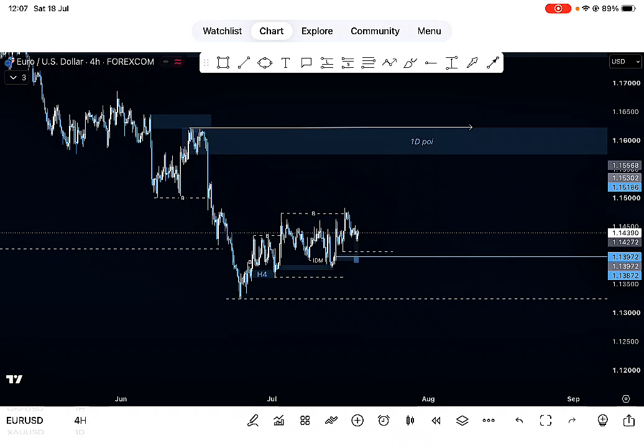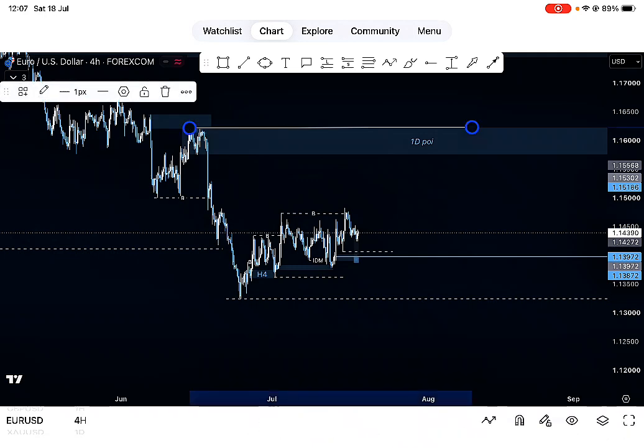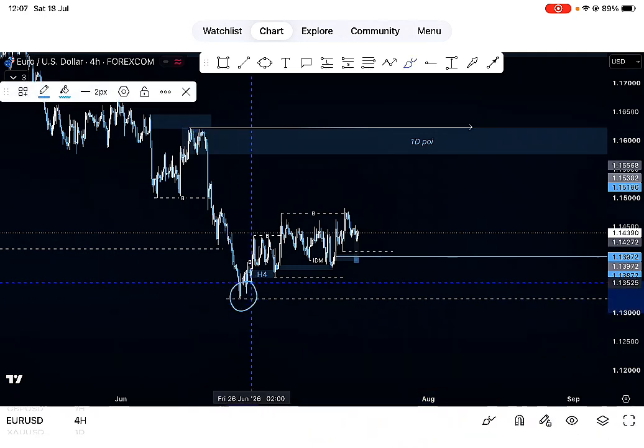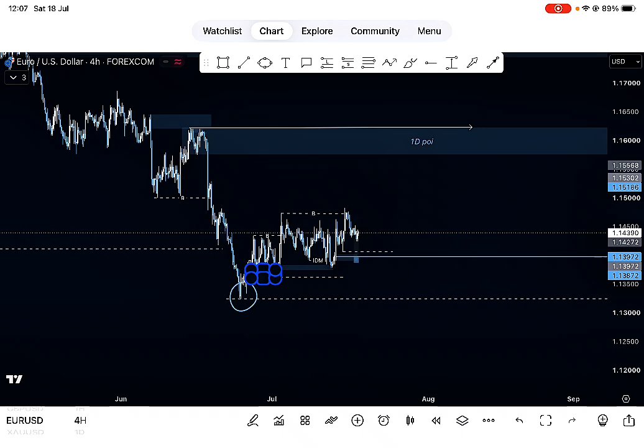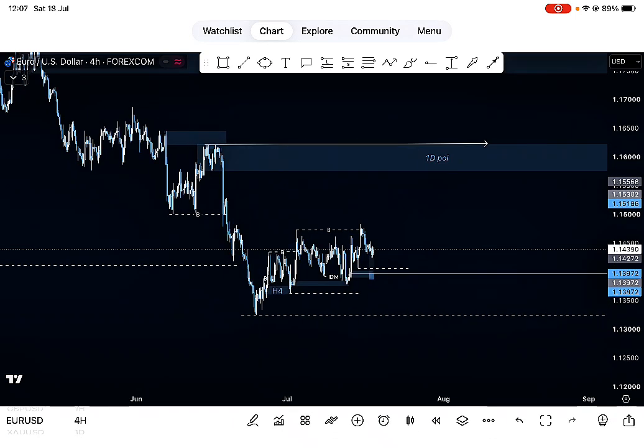So our target is from this high and this low. That's our range now. And we are looking to sell when the price gets here.